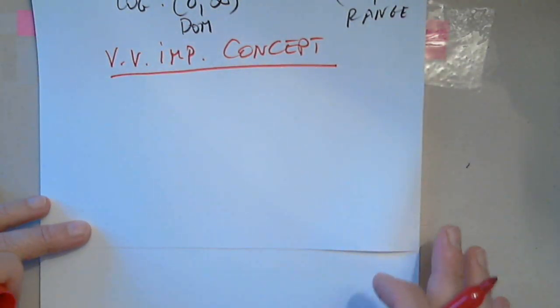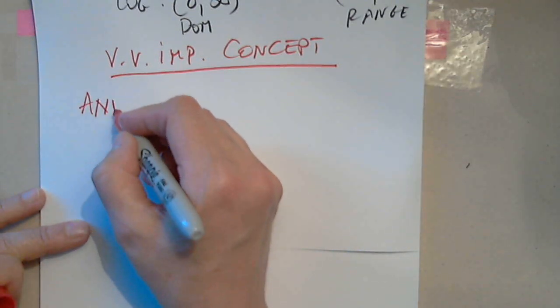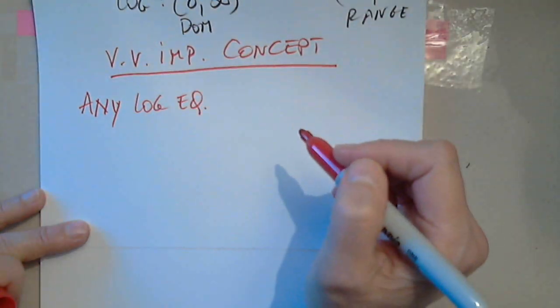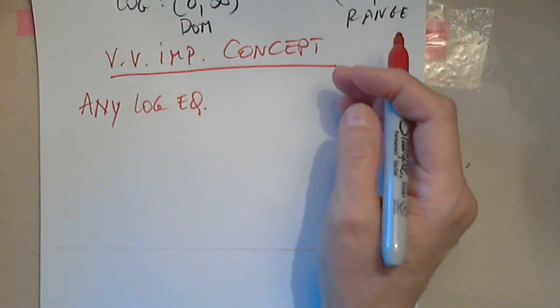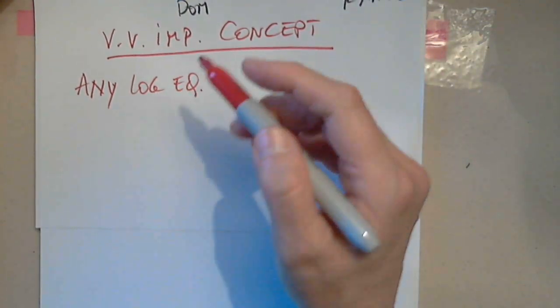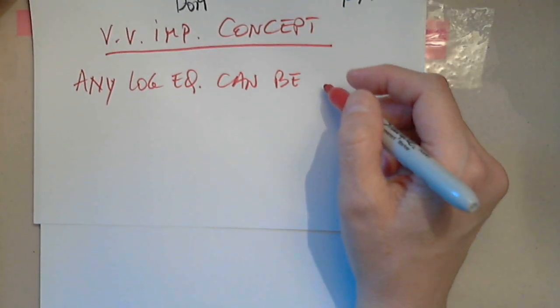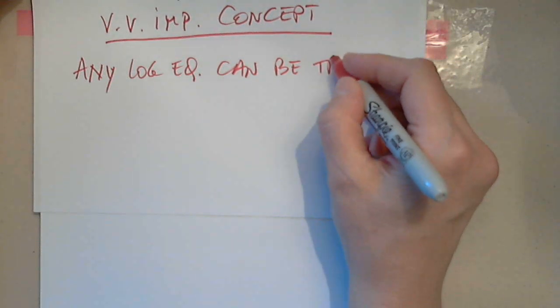Okay, so what is this concept that I'm talking about? What does it say? Any log equation, and you can say, you haven't even shown us a log equation. What are you talking about? I will in detail. Any log equation can be changed, replaced by, transformed into, whatever you want to say, transformed.